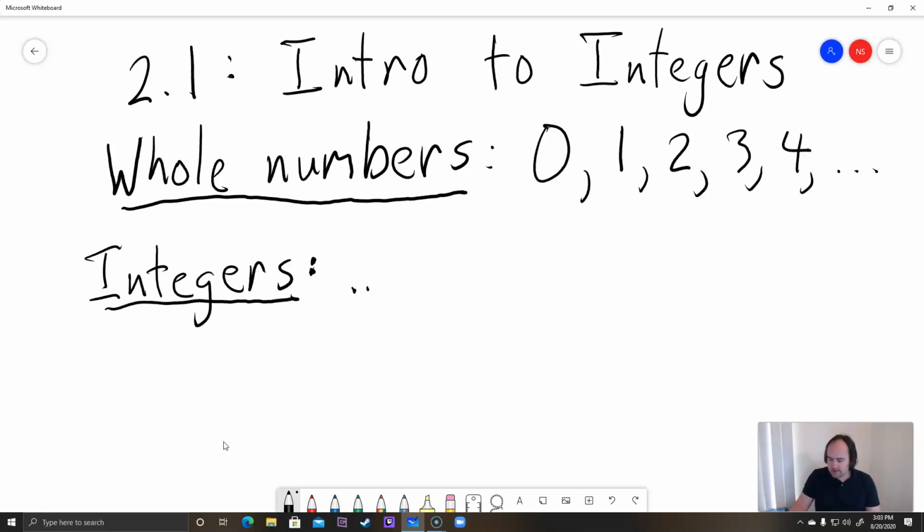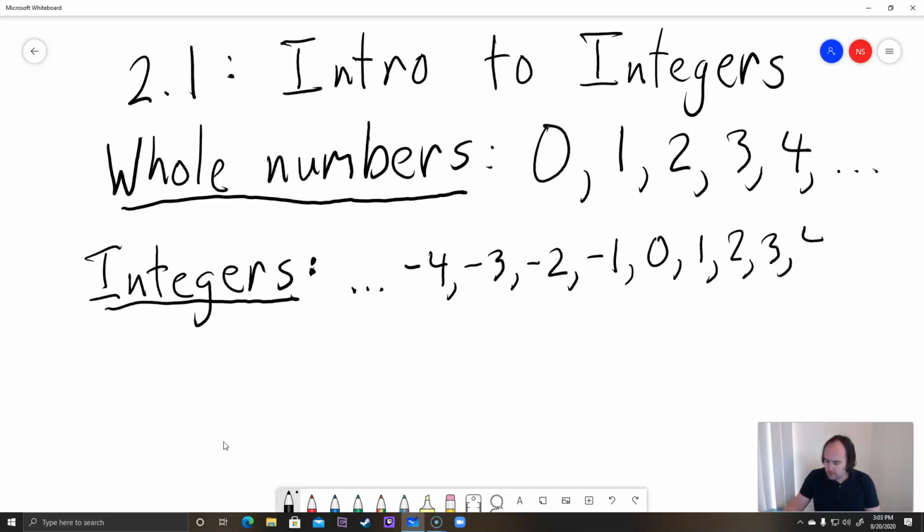So I'll put 3 dots at the beginning, and we have all of the negative counting numbers, so negative 4, negative 3, negative 2, negative 1, and then it also includes all of the whole numbers. So it's also going to include 0, 1, 2, 3, 4, etc.